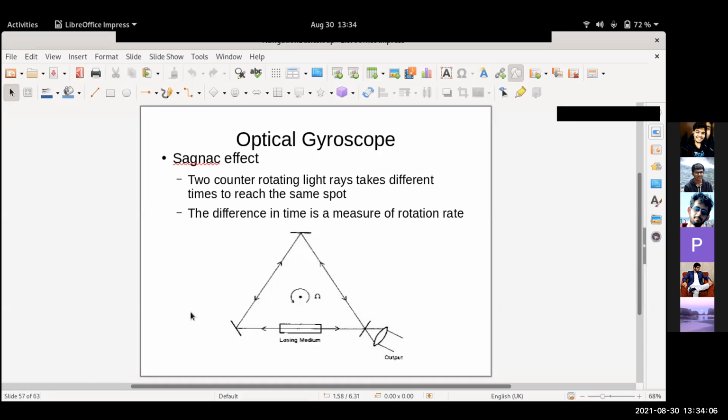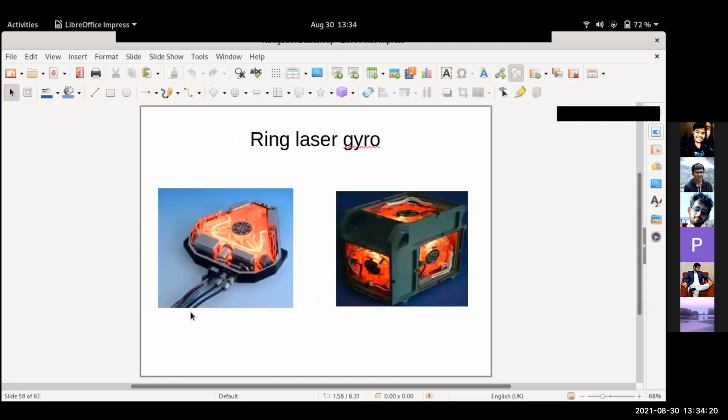So one path takes longer, one path takes shorter. Using this, you will be able to notice the interference pattern, which indicates how much rotation has taken place. So this is the optical gyroscope. This is how it appears.